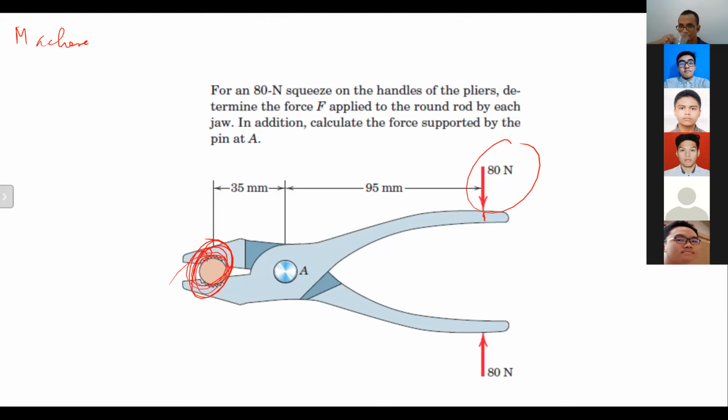Adding the external force at point A. Which free body diagram do you want to draw first? Ax and Ay. So we don't have to consider the whole thing. We can just solve it directly. Maybe we take the upper part.